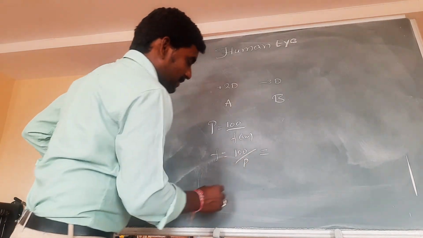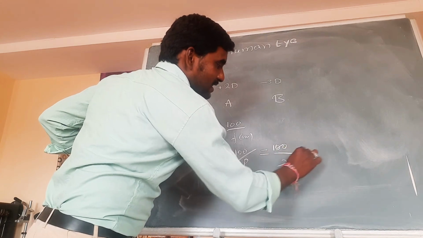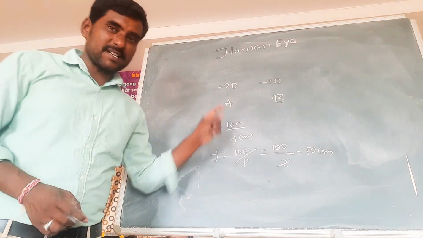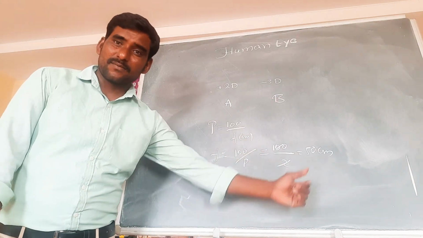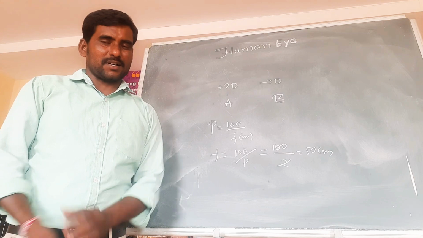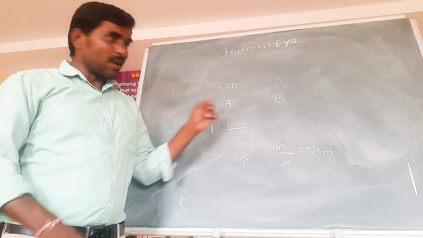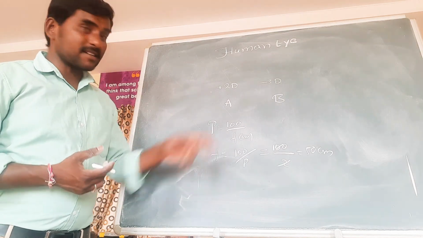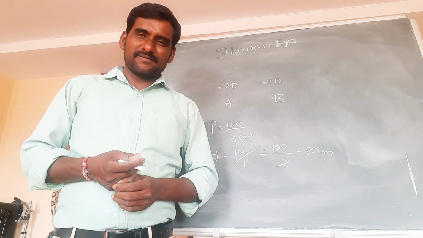So 100 by 2, that is 50 centimeters, is the focal length for person A. Person B is also the same: 100 by 3, 33.3 centimeters is the focal length for person B. Very, very simple. What is the nature of the lens for A? The nature of the lens for A is convex. The nature of the lens for B is concave.